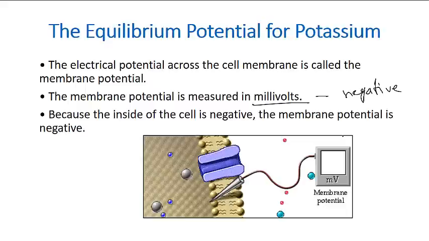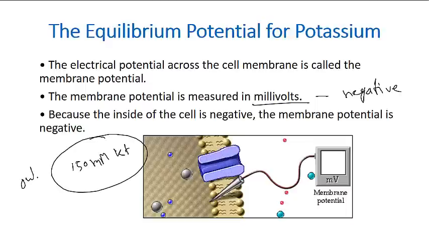For example, as we've seen, a simple non-excitable cell has a concentration of 150 millimolar potassium inside the cell, and 5 millimolar potassium only outside the cell.